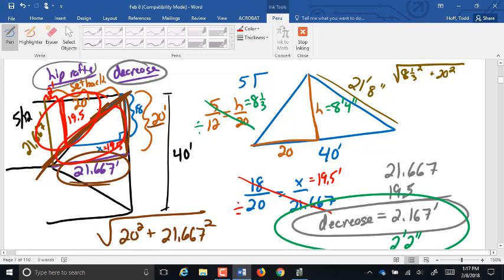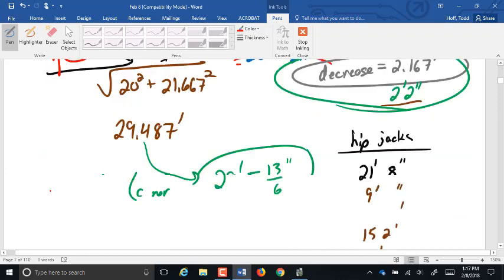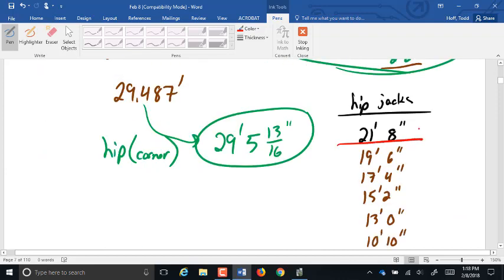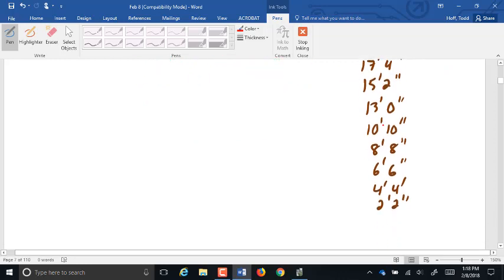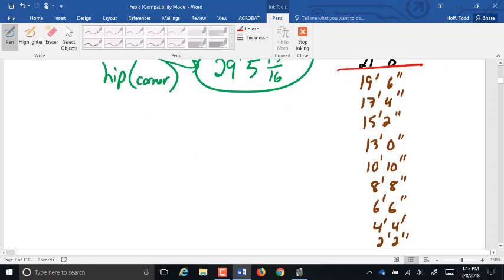So you're actually going to have 4 sets of jacks that are identical. You have common rafter here, and of course that'll be the same length as that longest jack, but then you have 1, 2, 3, 4 sets of jacks. That's why I put that first one in black and the rest in brown. You'll have 4 sets of those brown lengths that you have to cut for jacks. Make sense?